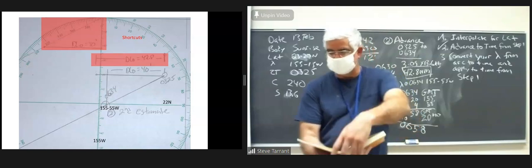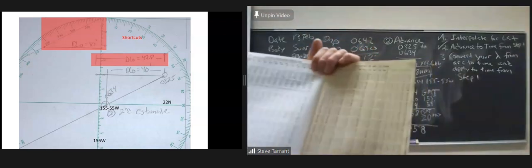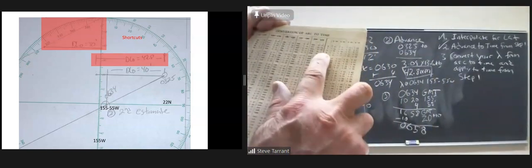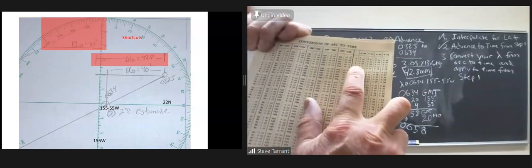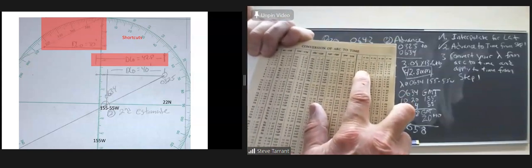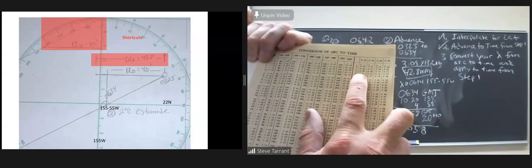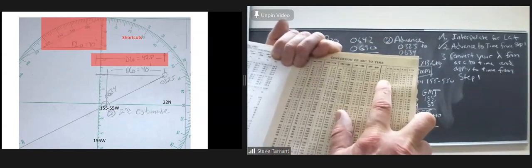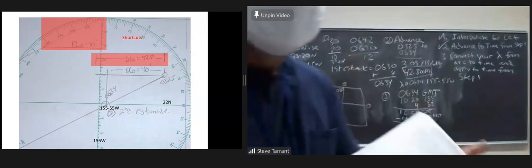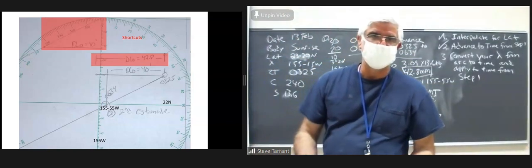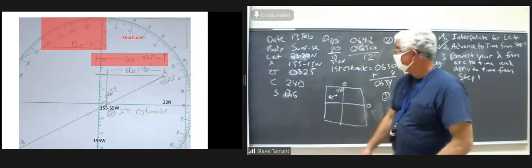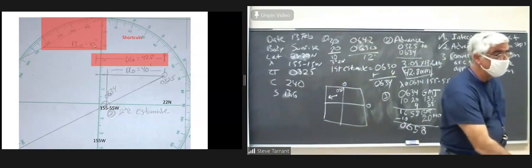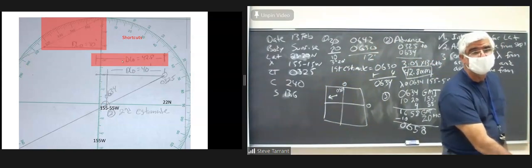Here's 3 minutes of arc. What's the time difference? 12 seconds. 3 minutes of arc is 12 seconds of time. It's not going to impact the problem. So what I'm trying to say is this down and dirty works for these problems as well.